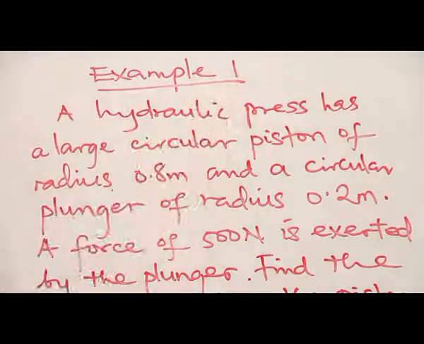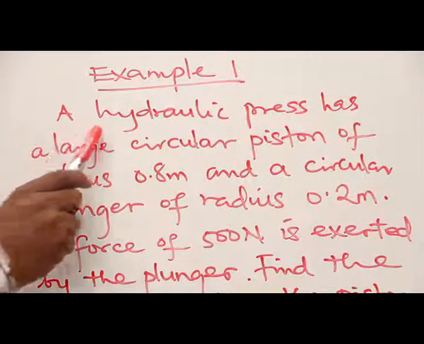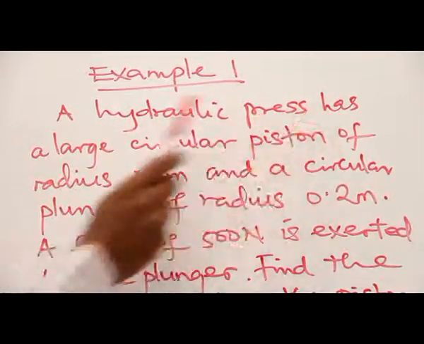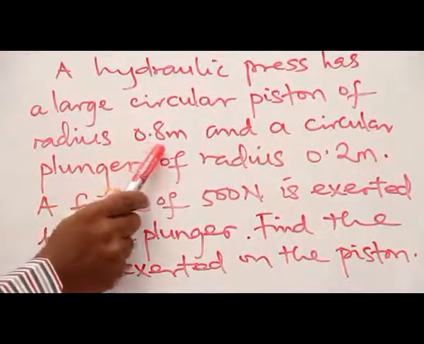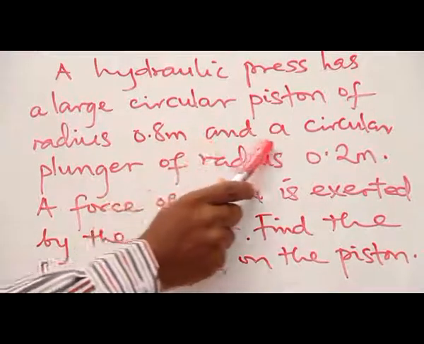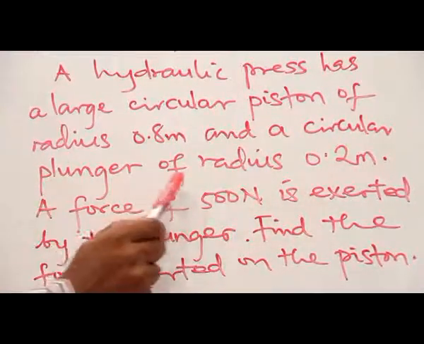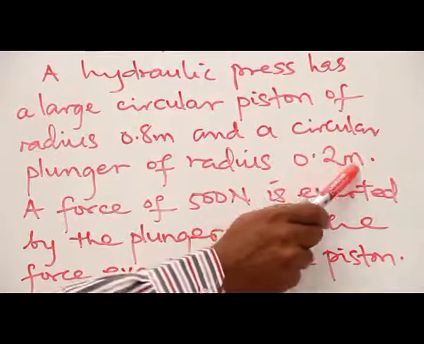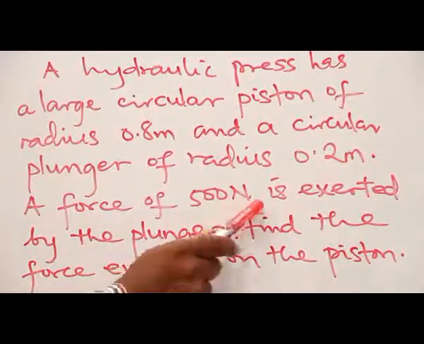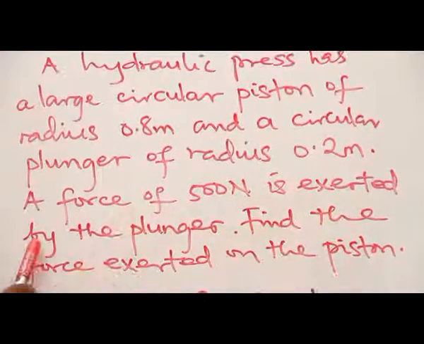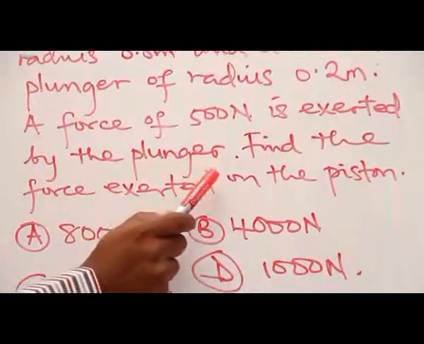Example 1. A hydraulic press has a large circular piston of radius 0.8 meter and a circular plunger of radius 0.2 meters. A force of 500 Newton is exerted by the plunger.